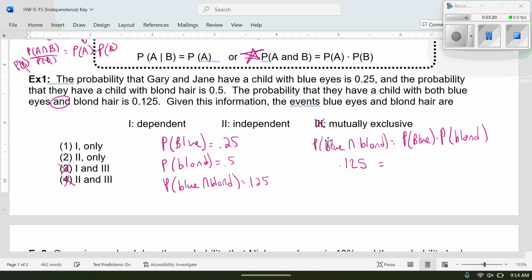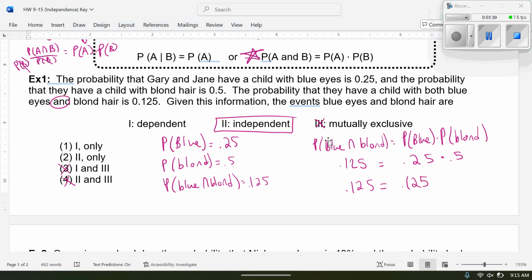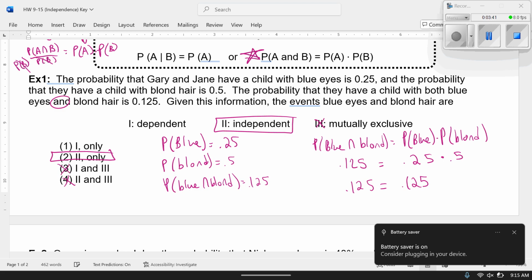Blue is 0.25, blonde is 0.5. You're going to throw it in your calculator, and you're going to see when you multiply them together, what do you get? And we get that they are equivalent, meaning it is independent. That means that whether you have blue eyes or not, that doesn't affect the probability of you having blonde hair.